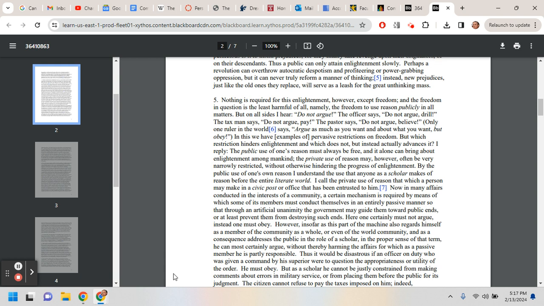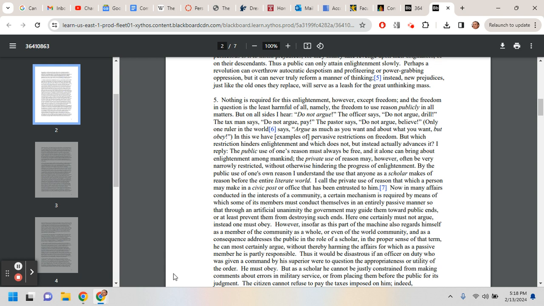People who occupy a post where they are addressing a community of some sort, which is private in the sense that it's not public, say, a congregation of a church or something like that. Whereas the public use of reason is really the use of reason when addressing the reading public or the public at large.